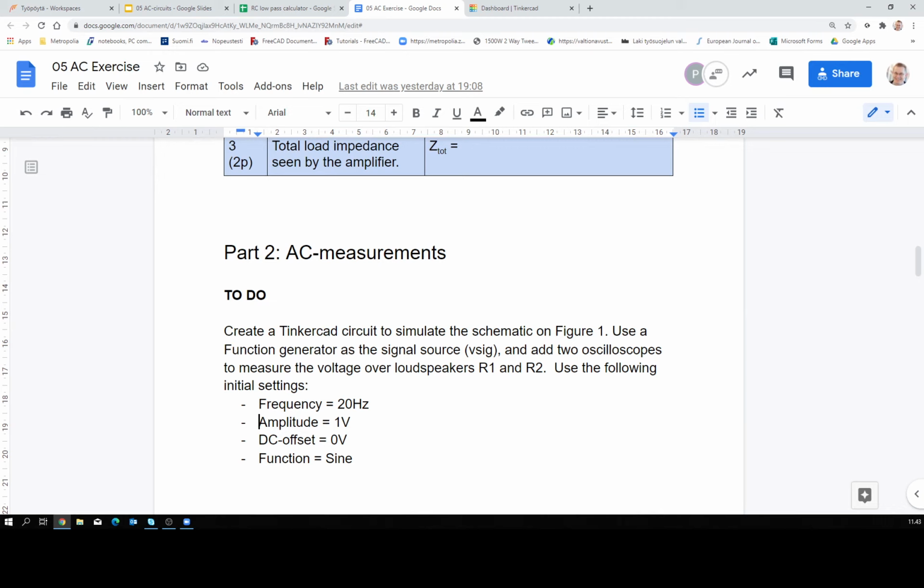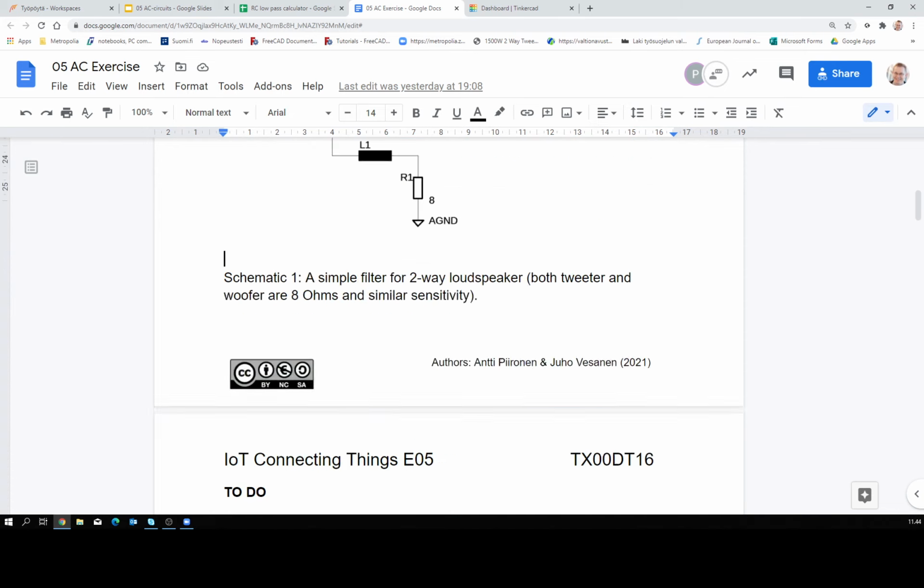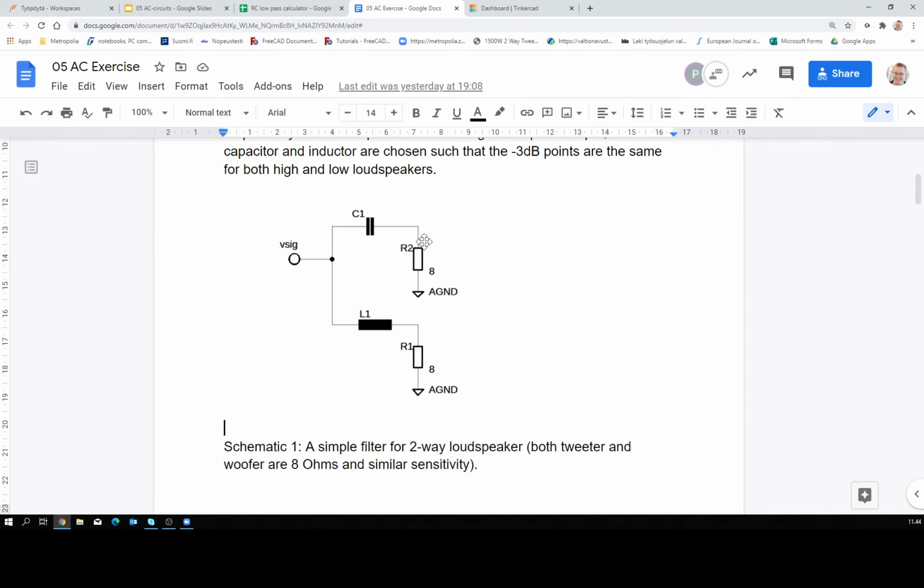Then basically you do a similar kind of measurement to what I did, but you put two oscilloscopes to measure the voltage over the lower frequency resistor and the higher frequency resistor.